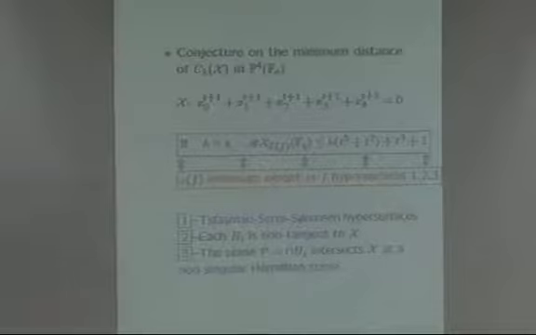Now, based on what has been obtained, I have made a conjecture on the distribution of the minimal weights. The minimal weights are given by quadrics which are the configurations of Tasmanian, Sorensen.